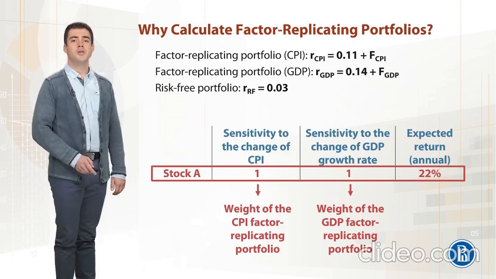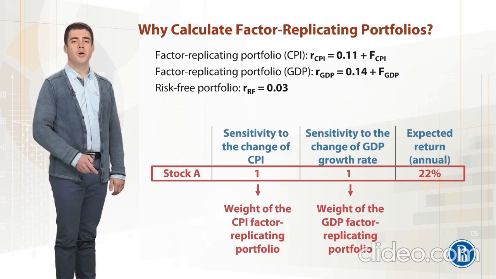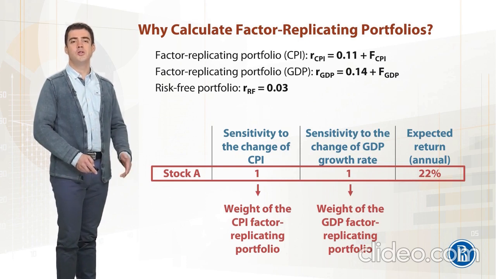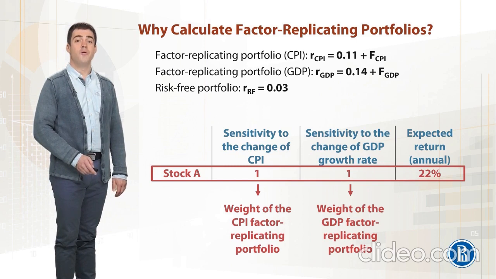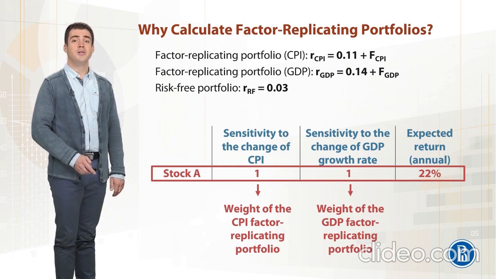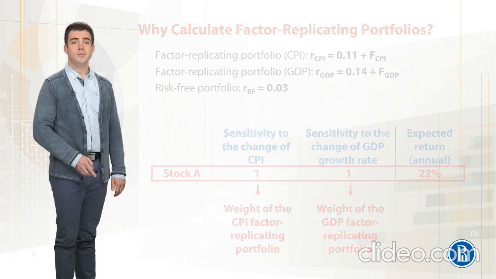Now, our task is to replicate the payoff on stock A using only these three assets. As we know, stock A has sensitivities to the change of CPI and GDP growth rate equal to 1. Let's make the portfolio with such weights of the CPI and GDP factor replicating portfolios, and the rest will be the weight of the risk-free portfolio.